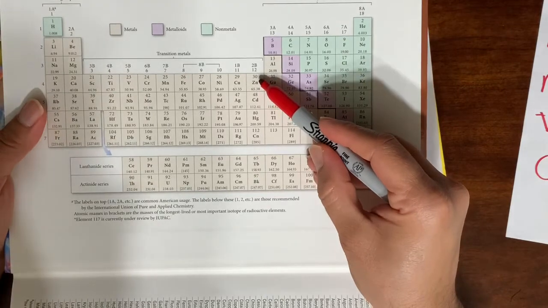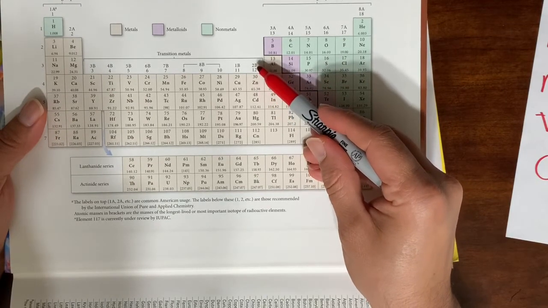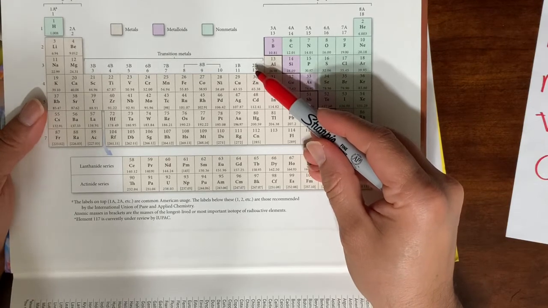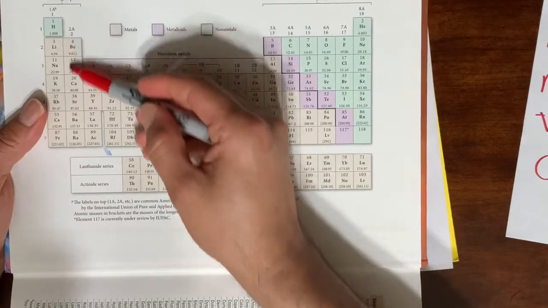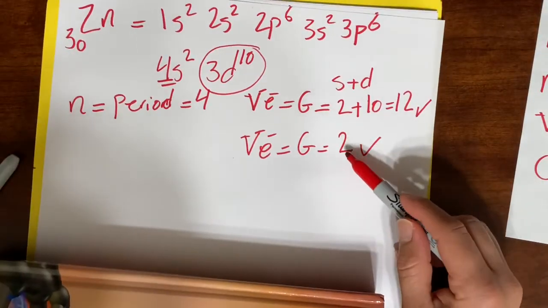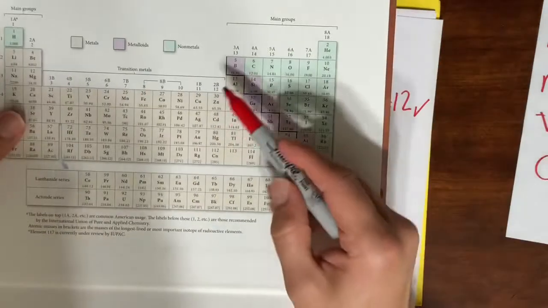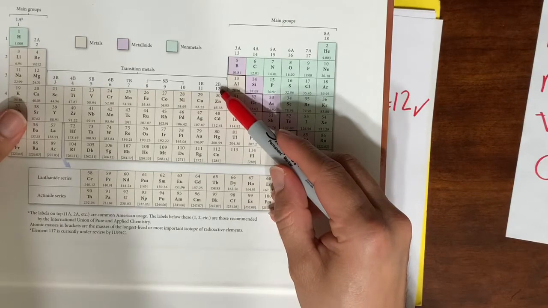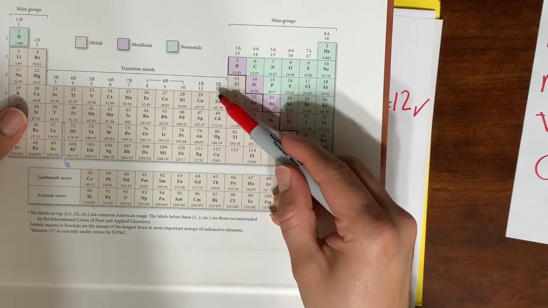For zinc, it says group 2, 2B. Why 2B? Because we are talking about transition metals. We want to say this is different than this group. So it says 2B, and here is 2. They did not consider the 10. But also, we say 12 for zinc. So we can have 2B or 12.